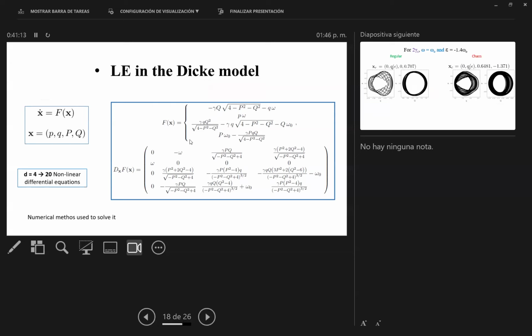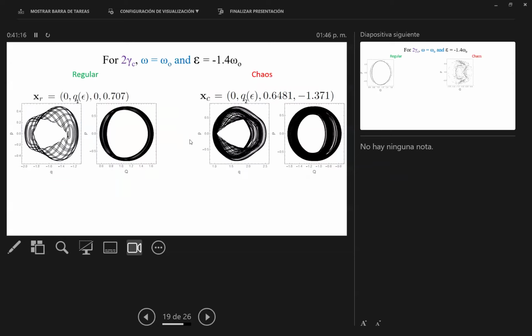Yeah. So just to illustrate this solution, I plot the orbit using only the Hamilton equations with these parameters, gamma to gamma critical. I preserve the resonance in the system with 1 and with this energy.